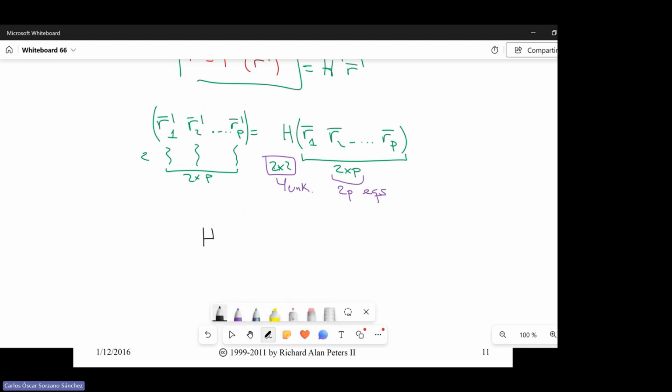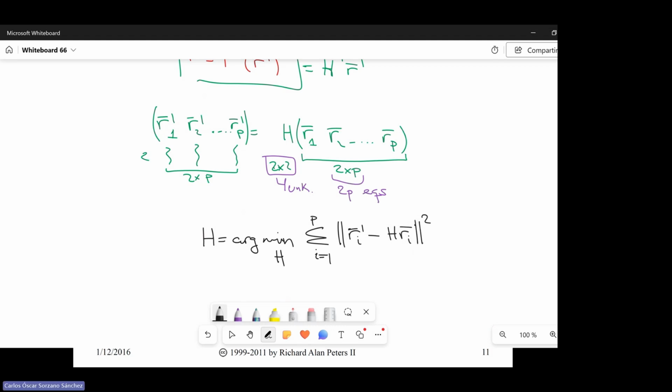So H is the argument that minimizes, with respect to H, the sum over all points P of the norm of R prime I minus H Ri, squared.